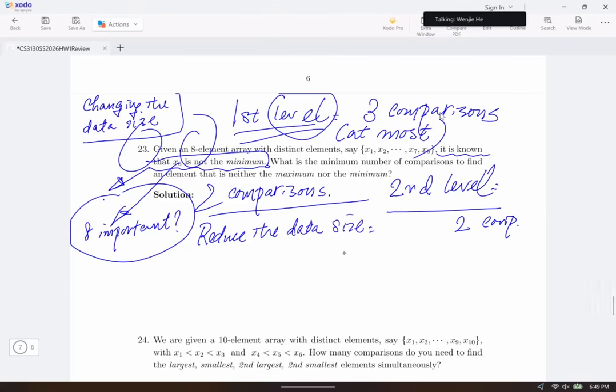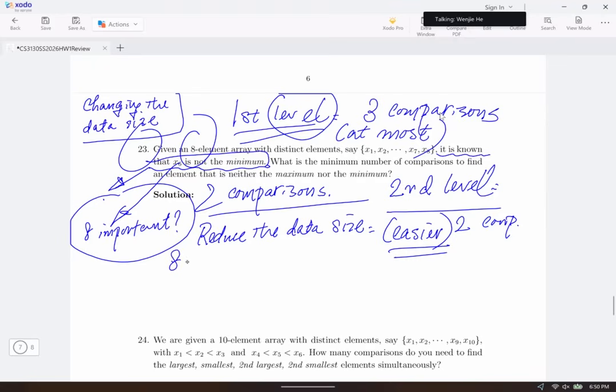We know in general, when we reduce the data size, the problem becomes easier, right? Not 100%, but 90-something% correct, still pretty good. That way we can make our problem a little easier. So let's try that way.